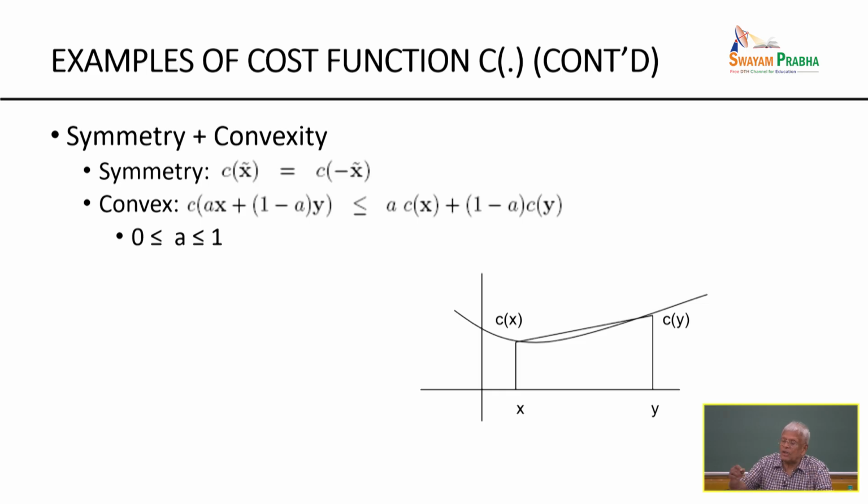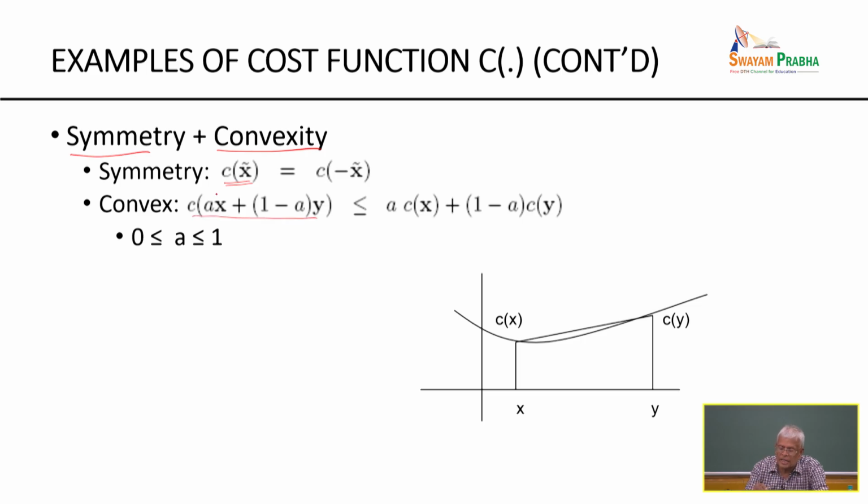So examples of cost function: any cost function which is symmetric and convex. Symmetry means what? The cost function for x tilde must be equal to the cost function for minus x tilde. That means the cost function is independent of the sign of the error. It only depends on the magnitude of the error. And the cost function must be convex.